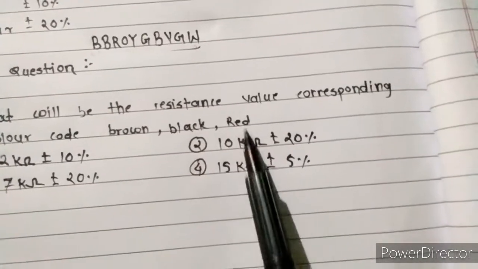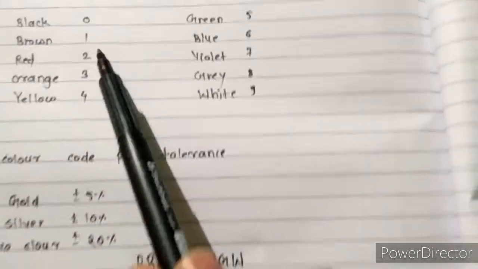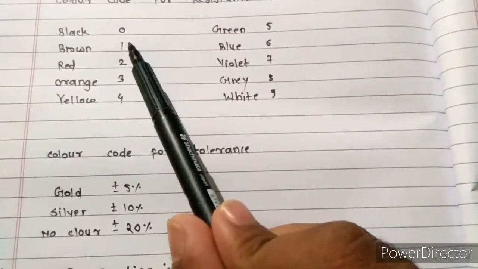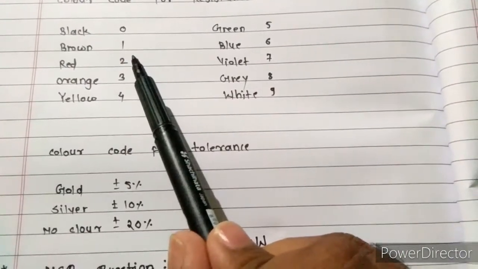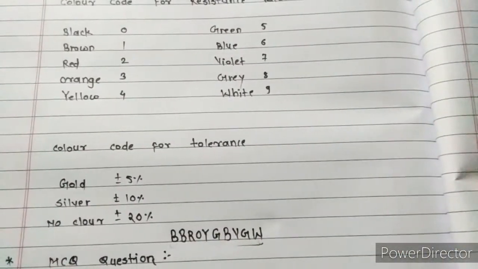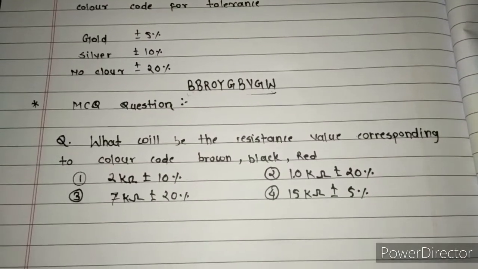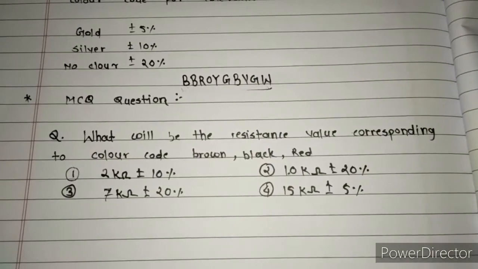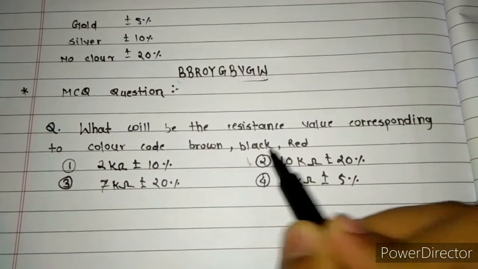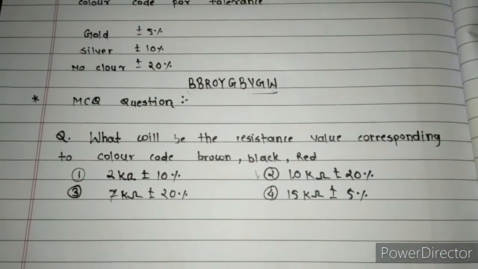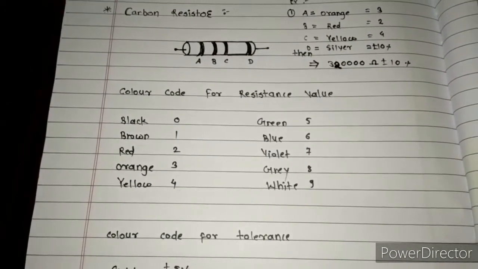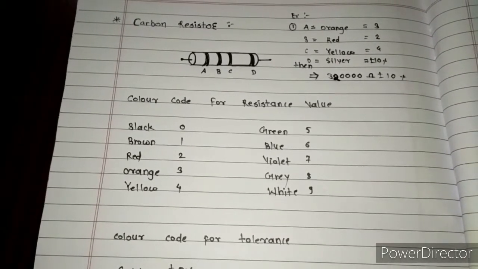Now for the third band, number 2 defines it, and the third band means the number of zeros, so our first two digits are 10 and then 2 zeros, 1000. We get a value of 1 kilo ohm, so option number 2 is correct here. By this way we can find the value of resistance of a given resistor by the color coding method.